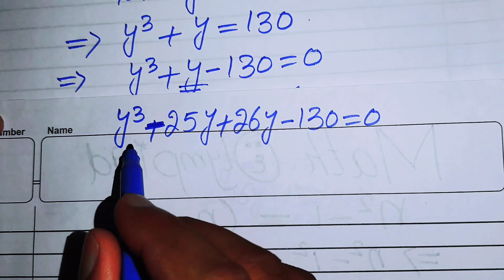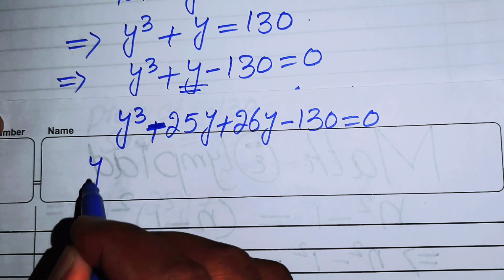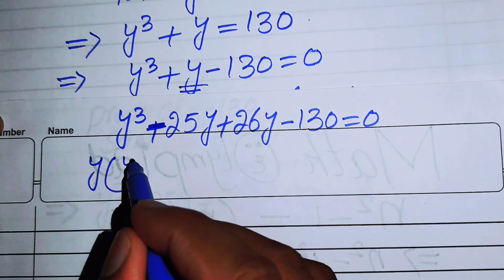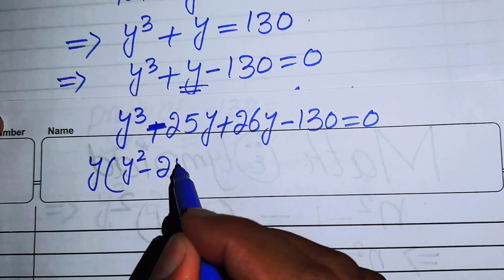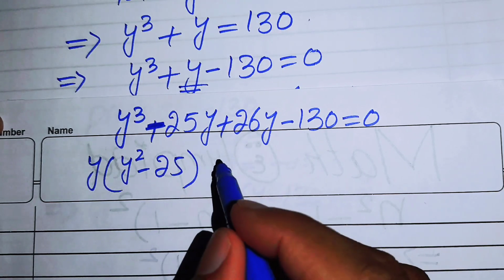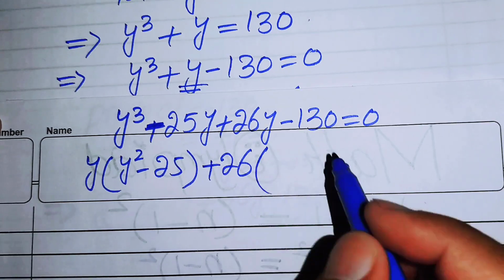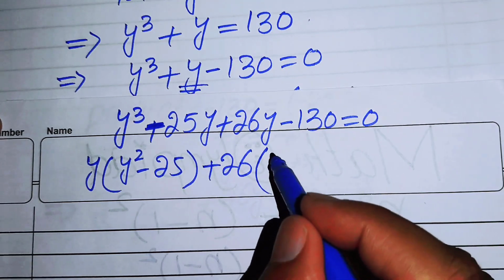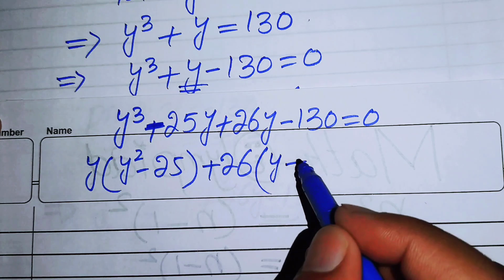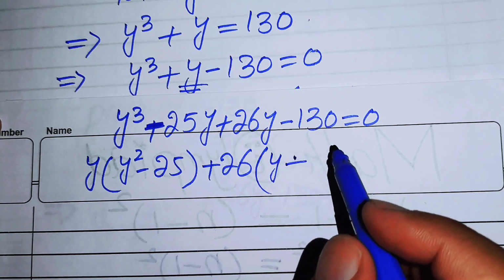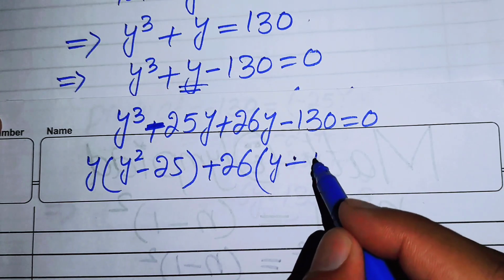Now we can take common y from the first two terms, and you get y squared minus 25, and we take common 26 from the other two terms, and you get y minus 5.